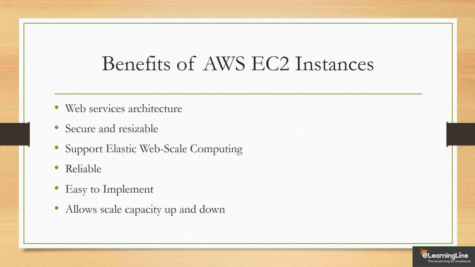Once you are done with all the work, you can just terminate it or give them back. You will only pay for the usage. So that's why we say it is very easy to scale the capacity up or to scale the capacity down. That's the big benefit of Amazon EC2 instances.